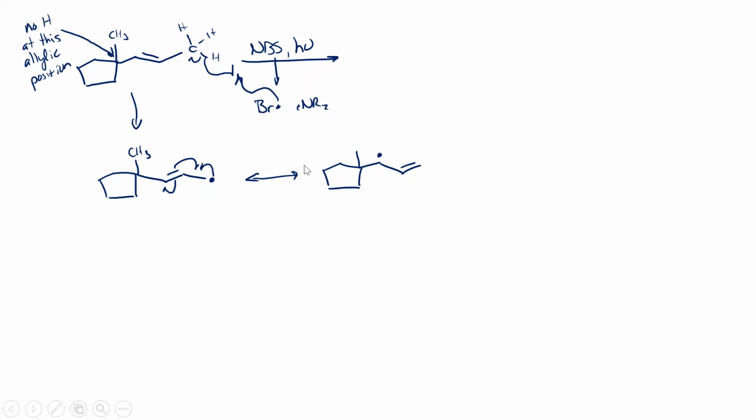And so now you're going to compare these two. We have our primary radical here, our secondary radical here. Which one is going to be the one that reacts? It's going to be the one where the radical is at the less, goodness gracious, the less substituted position.